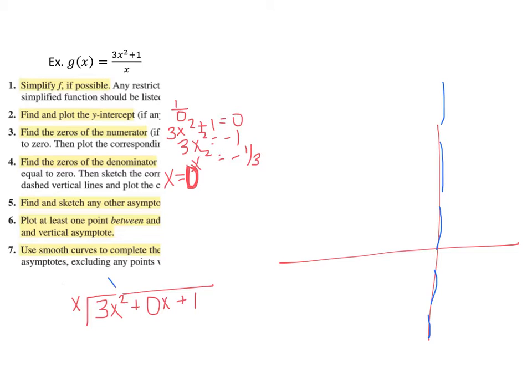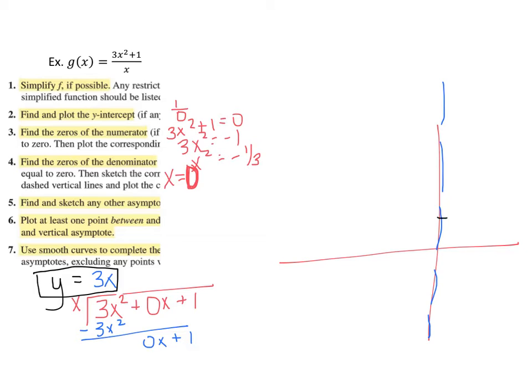On top, I've got to have 3x, so that's 3x squared. Change my sign, subtract, bring down 0x, bring down plus 1, and that's going to be my remainder. I can't multiply to get anything in here. So I don't need to keep going and get the remainder, but I do need to recognize that this is my slant asymptote, y equals 3x.